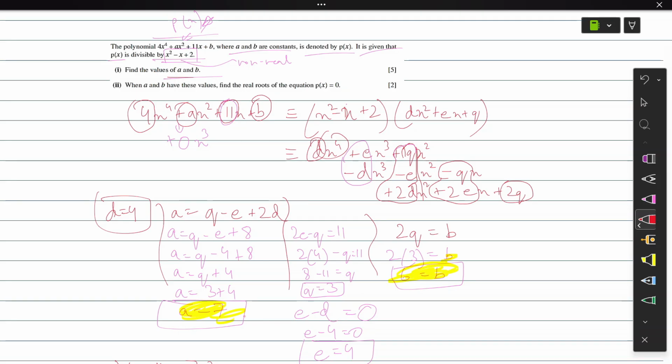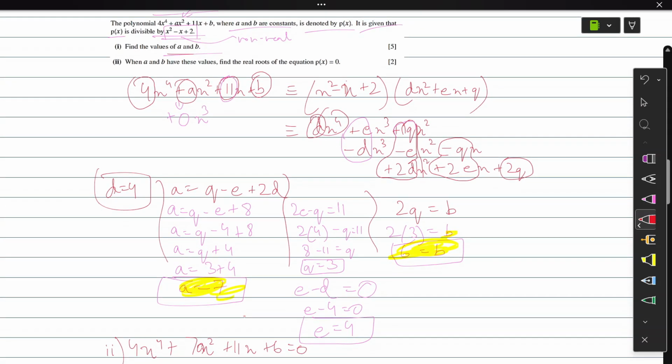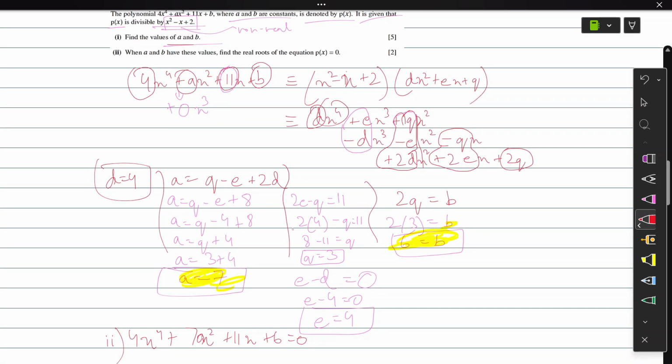Equate that to 0. Now we know that this polynomial can also be written as two quadratic equations. Those are x squared minus x plus 2, and the other one is dx squared plus ex plus q. D is 4, so 4x squared. E is 4, so plus 4x. And q is 3, so plus 3.